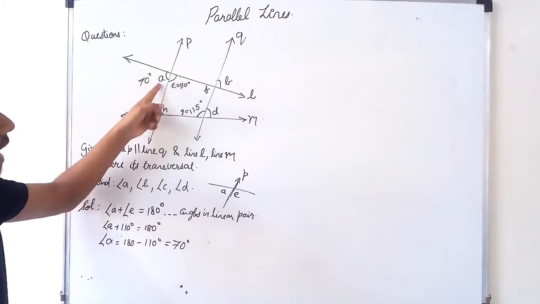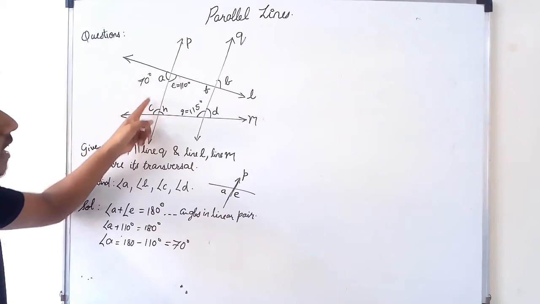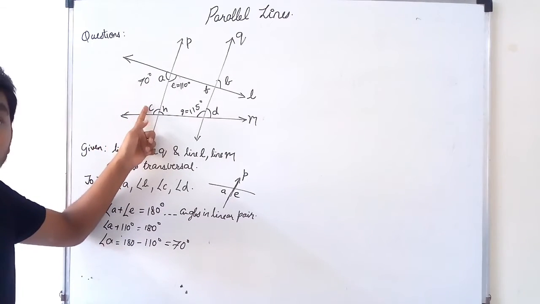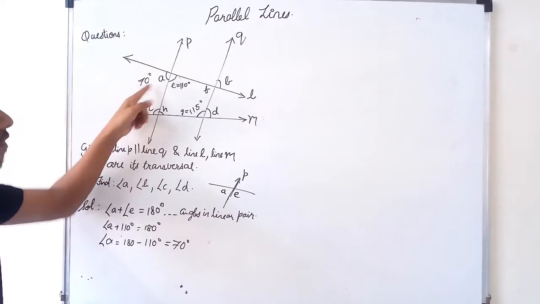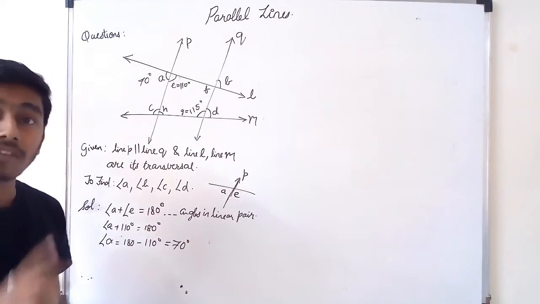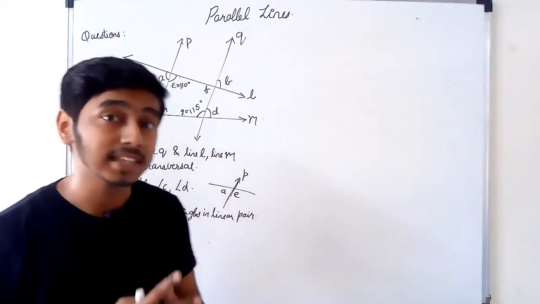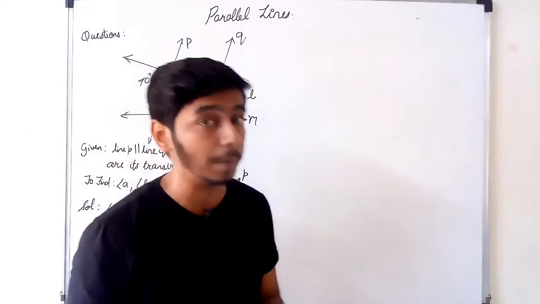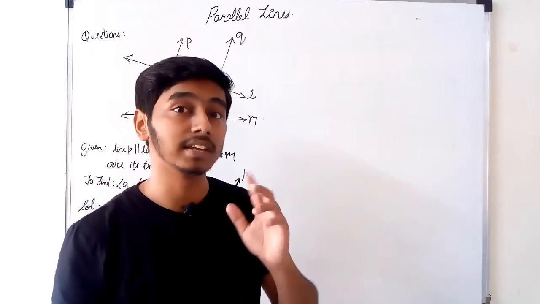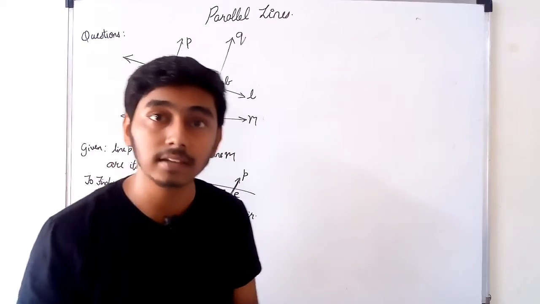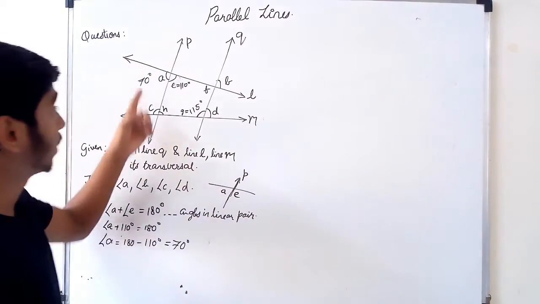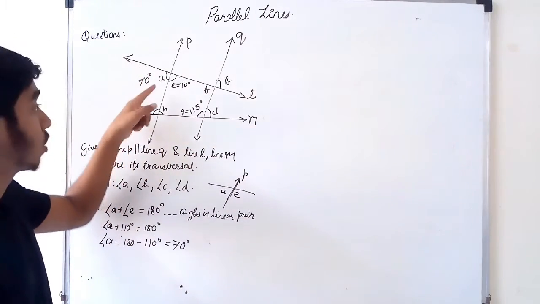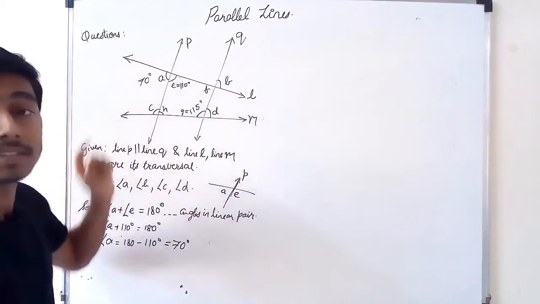Now again, you cannot say angle A and C are forming interior angles. Yes, they are forming interior angles, but their sum will not be 180 degree. If you remember, when two lines are parallel and when two lines are not parallel, there is a difference between corresponding angles, alternate angles, and interior angles. When the two lines are not parallel, you cannot say that the sum of the interior angles is supplementary.